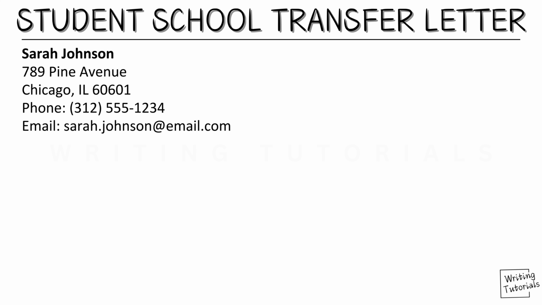Phone 312-555-1234. Email sarah.johnsson@email.com. This section is crucial because it provides the school with your contact details, making it easy for them to get in touch with you if they need clarification or additional documents.